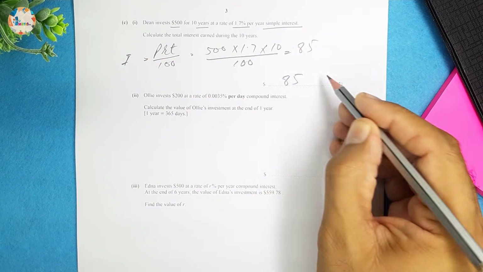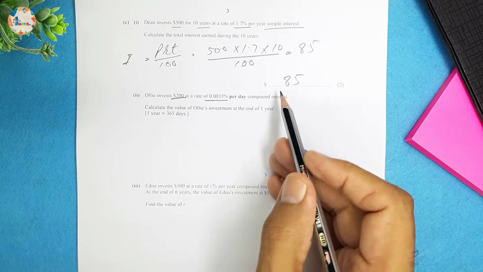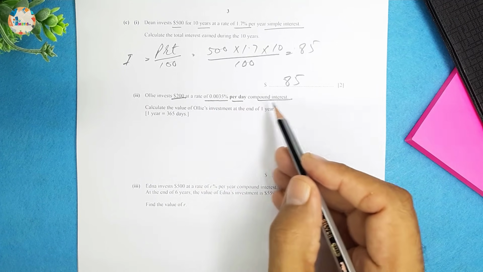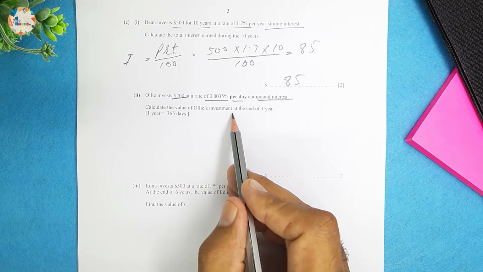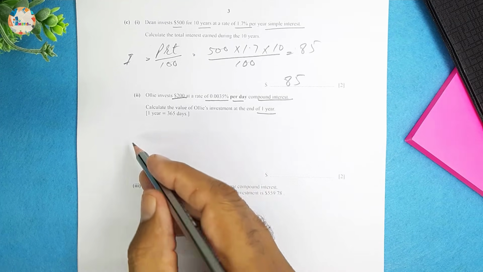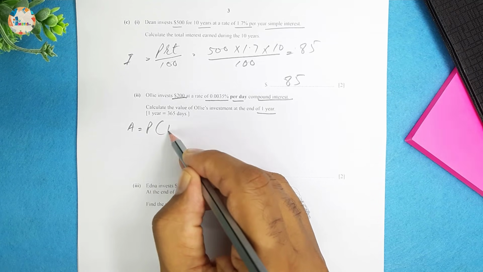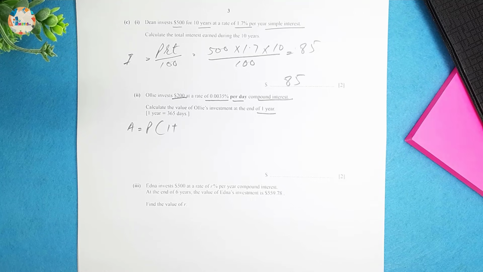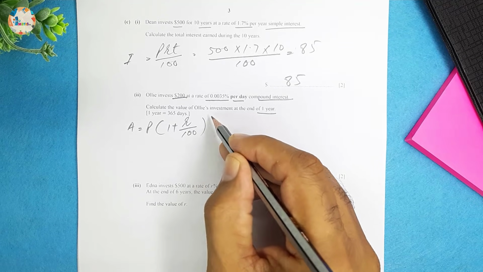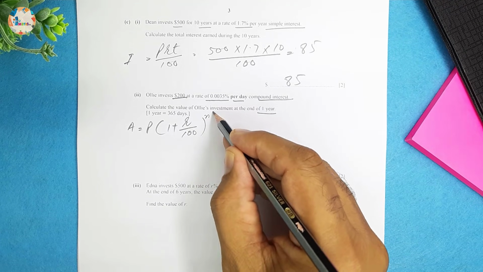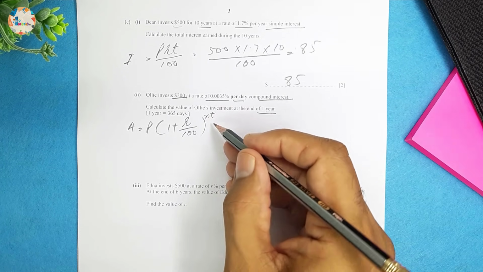So $85. II, Ole invests $200 at this rate per day compound interest. Calculate the value of Ole's investment at the end of 1 year. We know the compound interest formula is A equals P times 1 plus R over 100, raised to the power nt, where n is the number of times compounded and t is the number of years.